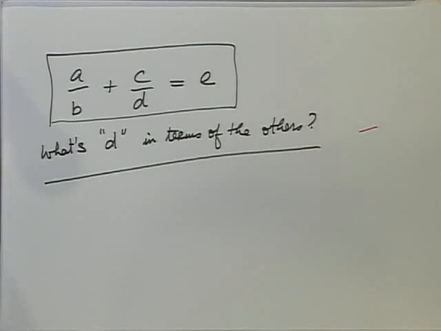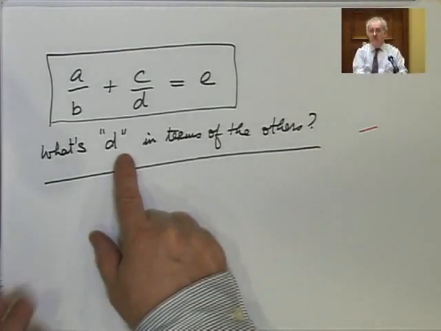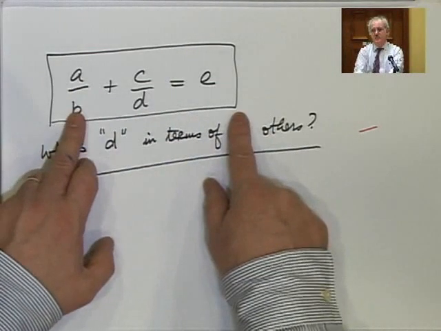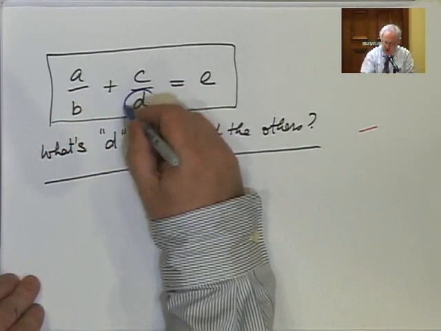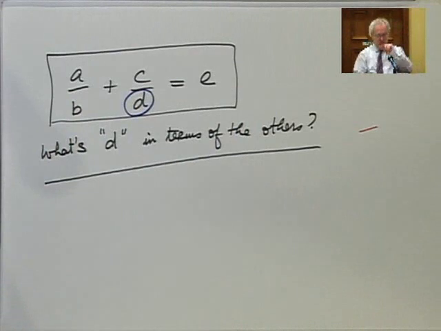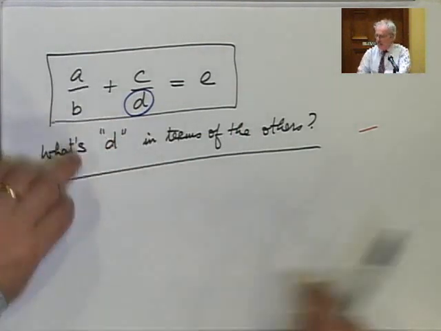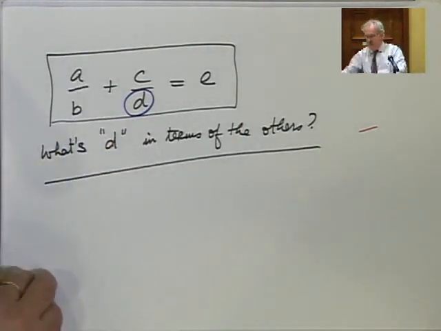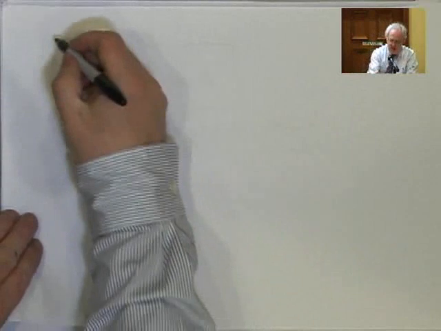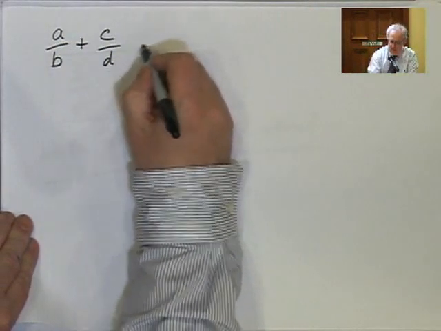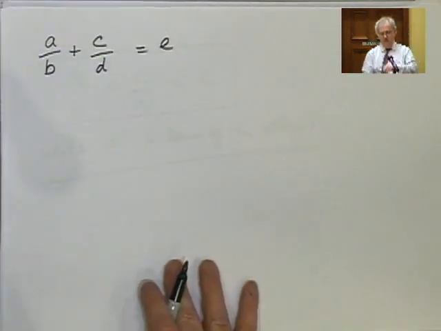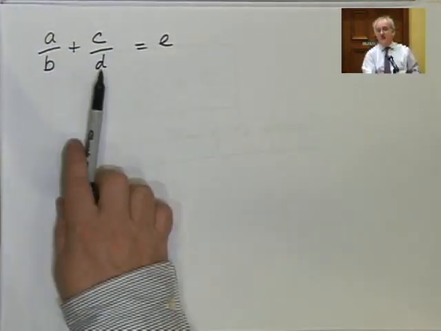Okay, I'm going to give that a go. I'm going to look at the letter D here. We could pick any one of these as our interest point. But let's imagine that they've asked us to look at D as our point of interest. So my focus is getting rid of everything but D there. Maybe I'll write it out again and start from the beginning. So A over B plus C over D is E. Well, at least D is on the left-hand side.